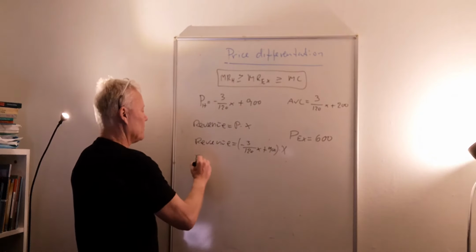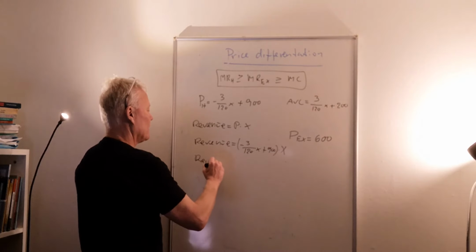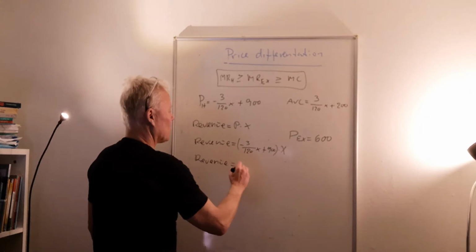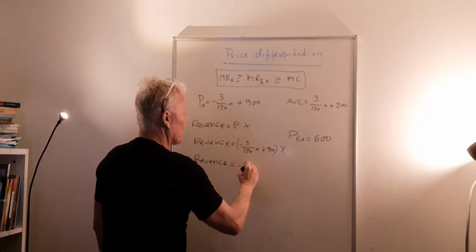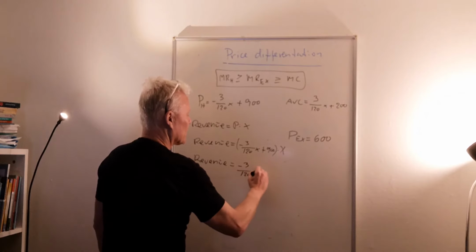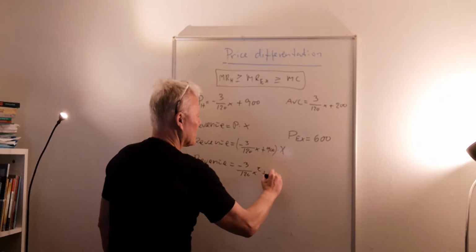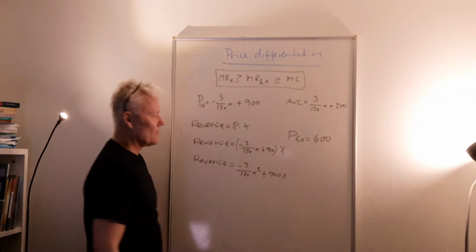So your revenue is equal to minus 3 on 120 x squared plus 900x.